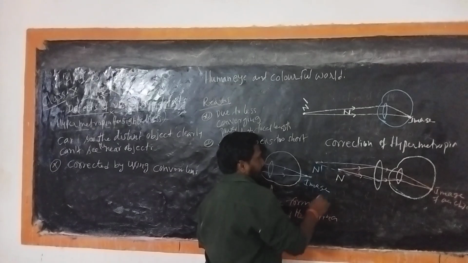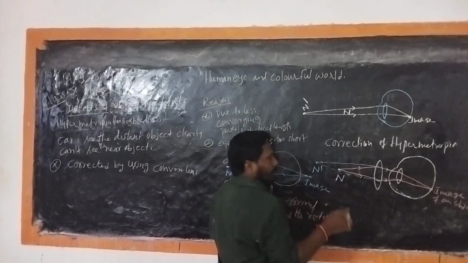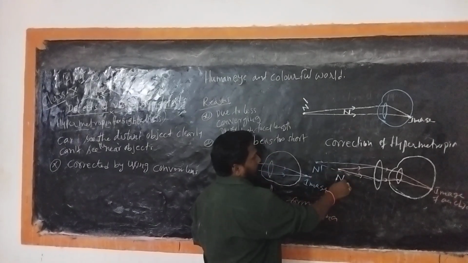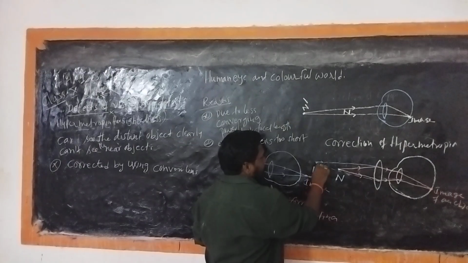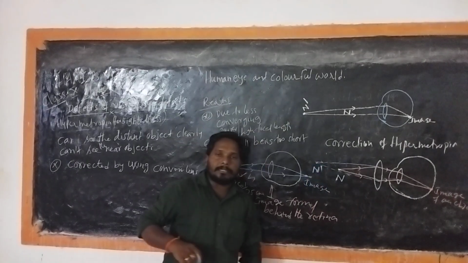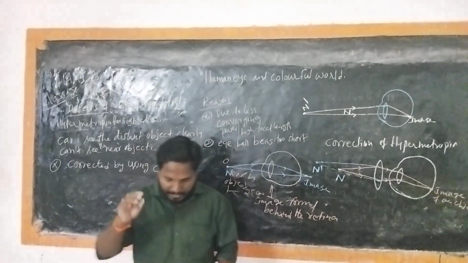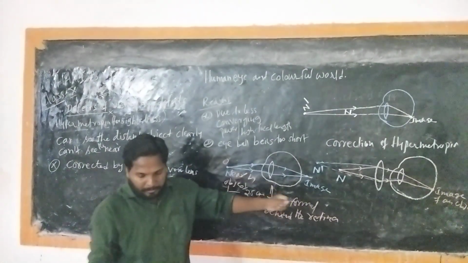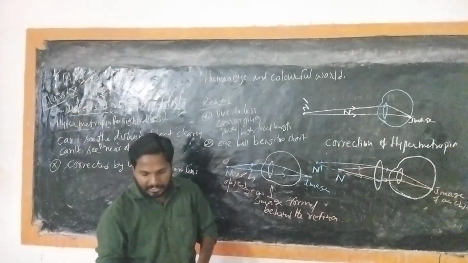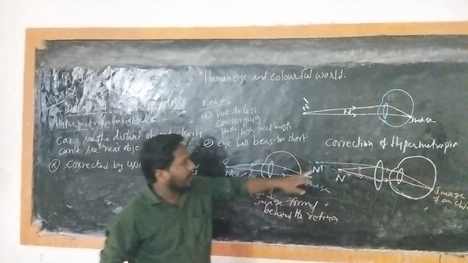Here N is the normal near point of the eye, and here N dash is the near point for the hypermetropic eye. So in the correction of hypermetropia, the convex lens forms a virtual image of an object.